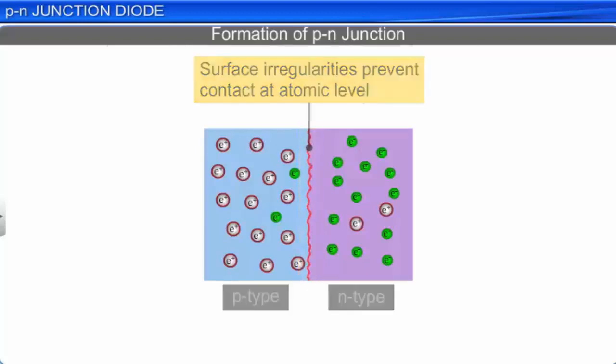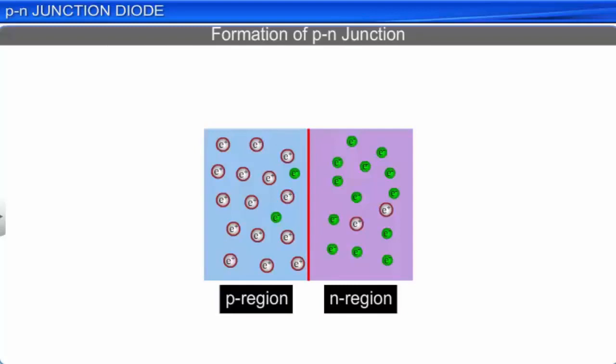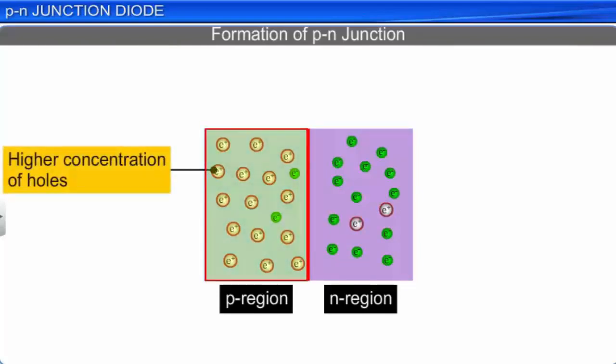Now, let us again look at the semiconductor crystal that contains both the p and n regions separated by the p-n junction. We know that in the p region there is a higher concentration of holes, and in the n region there is only a smaller concentration of holes.